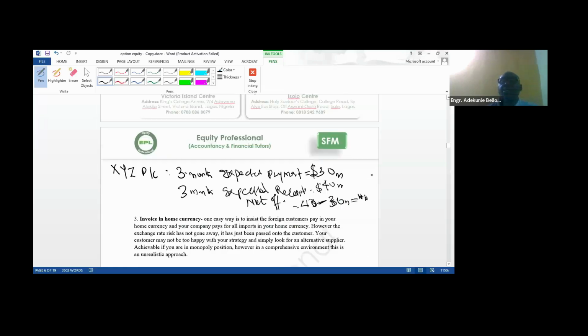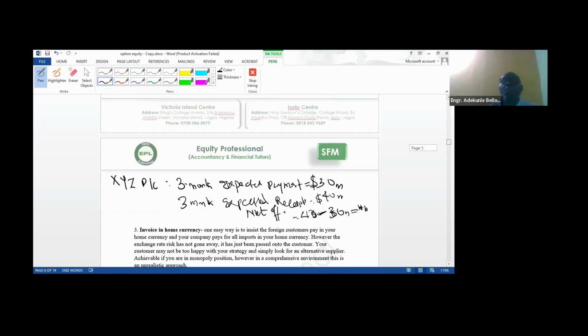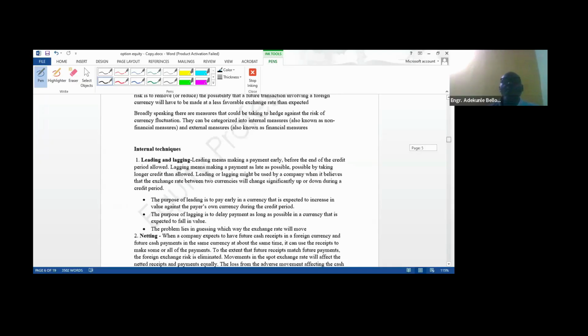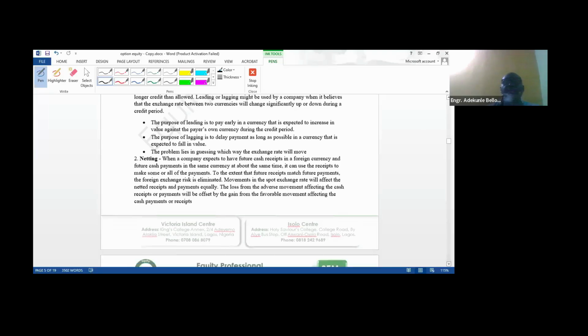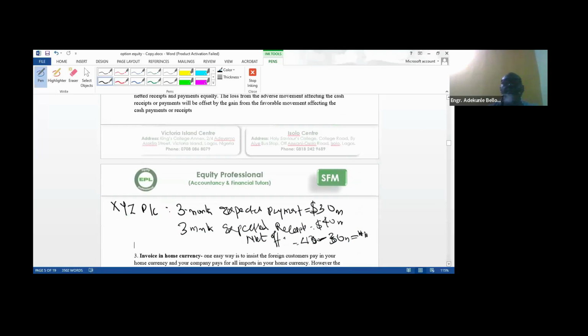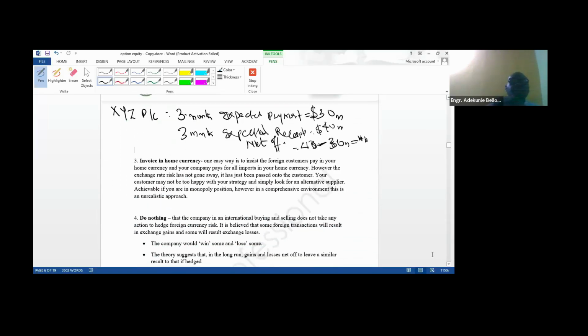Next requirements. Next, we have invoice in home currency, to remove foreign currency risk.